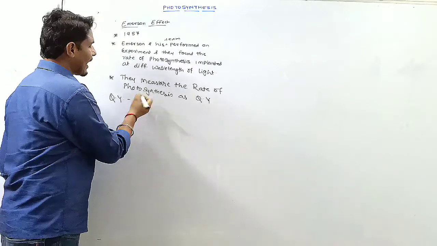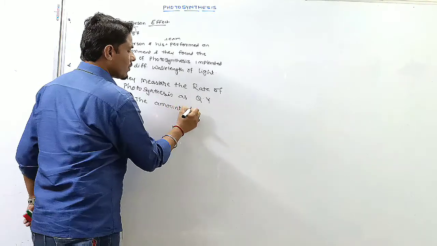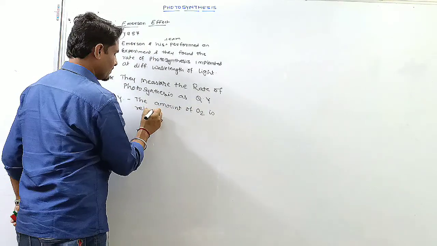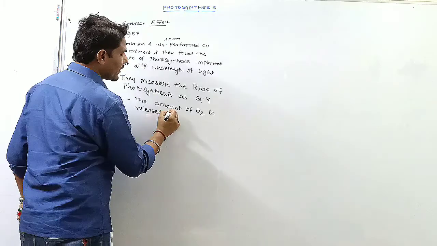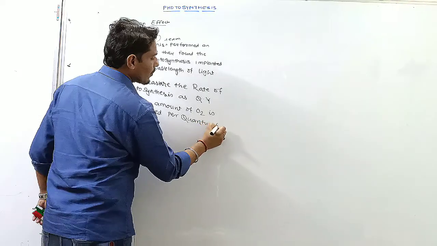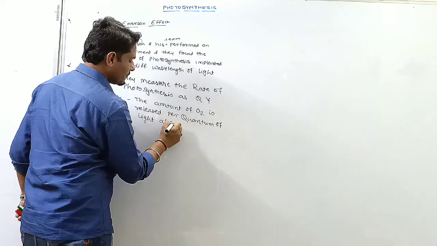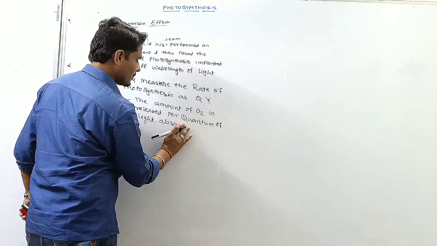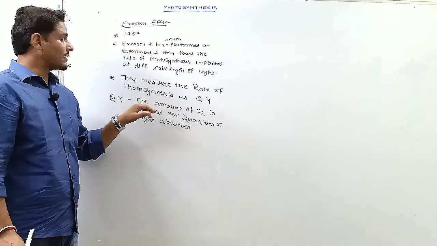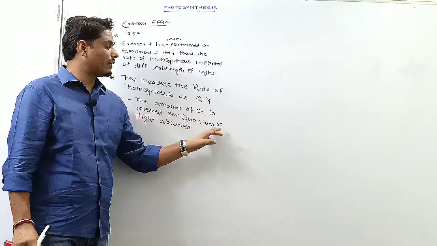Quantum yield is defined as the amount of oxygen released per quantum of light absorbed.